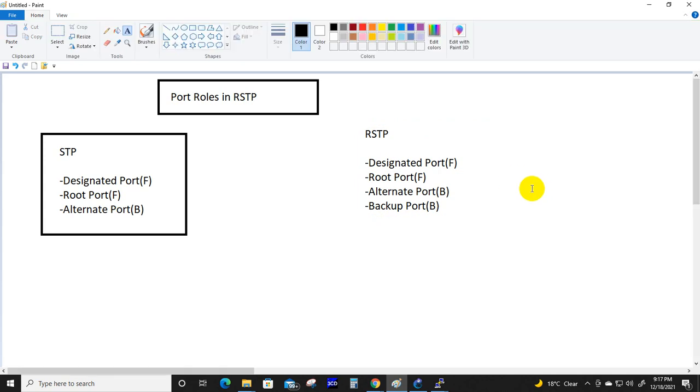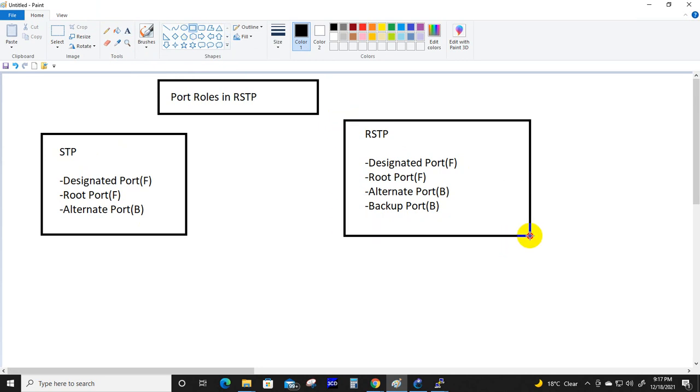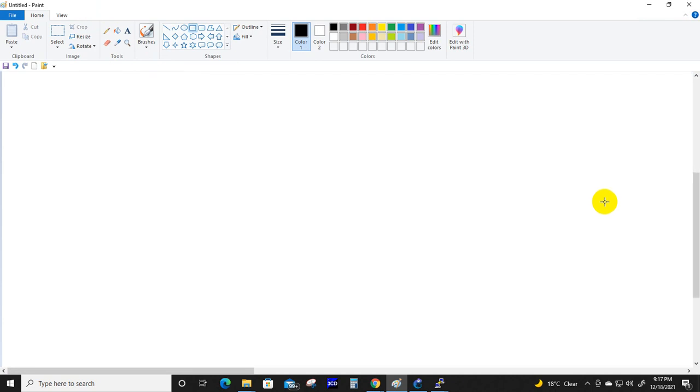So actually the role of the alternate port in STP is broken into two parts in RSTP. One is the alternate port and another is the backup port. But where is the alternate port used and where is the backup port used?